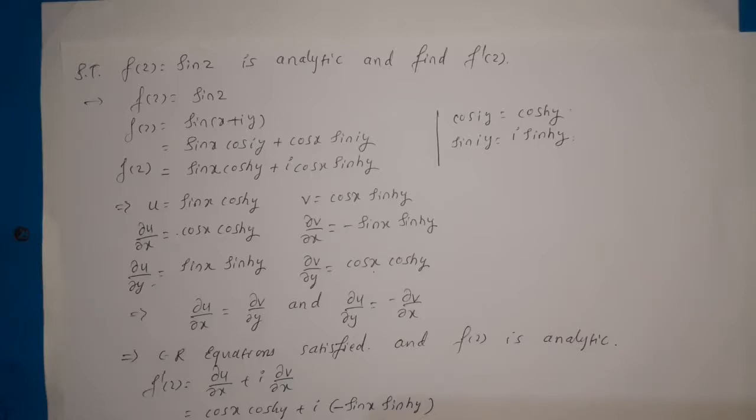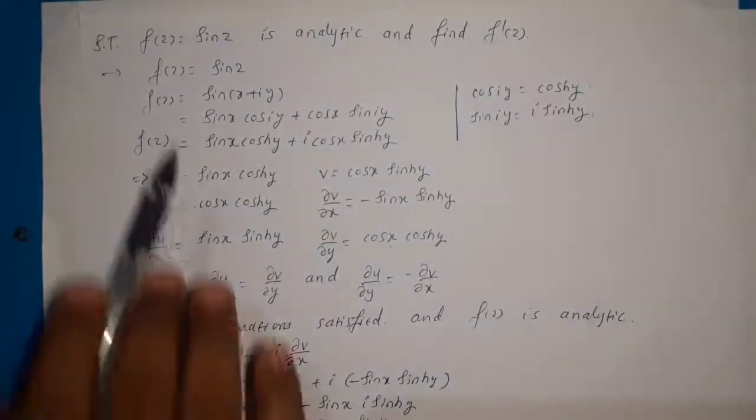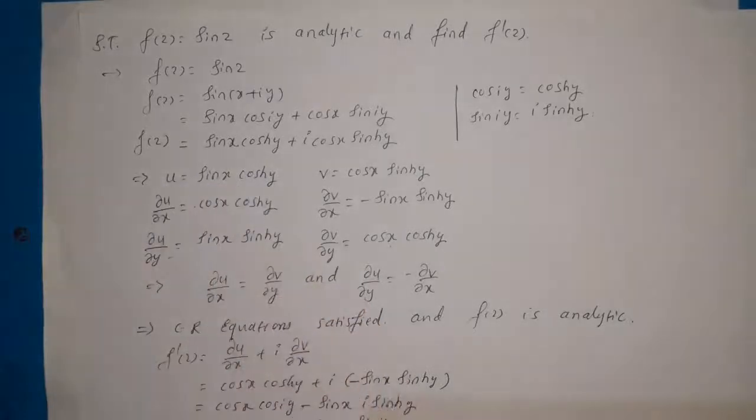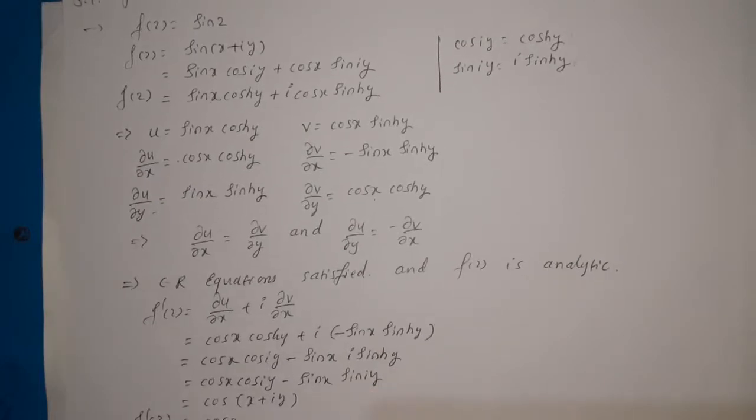It is not a function of z directly. The answer will be the same: the derivative of f of z is f dash of z, which is equal to cos z, but that is not the way to prove or find f dash of z. Whenever the question asks to find f dash of z, we need to use the formula dou u by dou x plus i into dou v by dou x. It is because the function f of z is a function of two variables u and v, and u and v are functions of x and y. Therefore we cannot differentiate f of z directly.